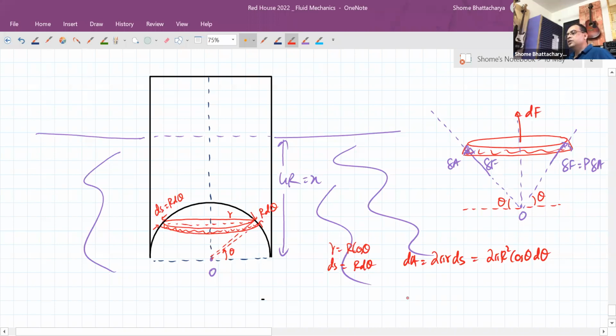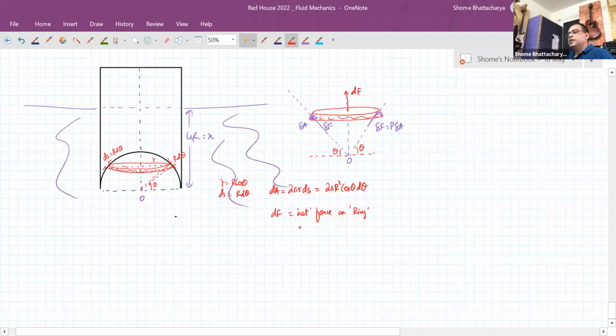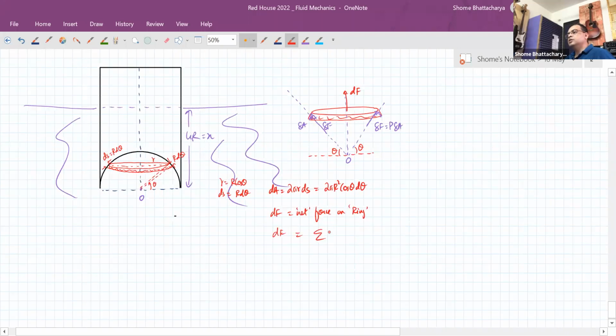That is the summation of pressure into delta A into sine component.